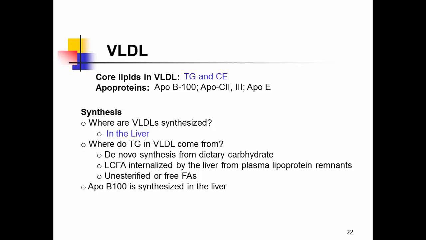These fatty acids can be taken up by the liver, and the liver reesterifies fatty acids to triglyceride, and this triglyceride is packed into VLDL, and VLDL takes it from the liver to the muscle, still in the VLDL.